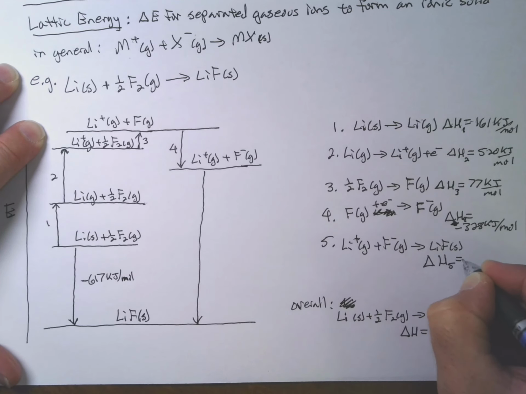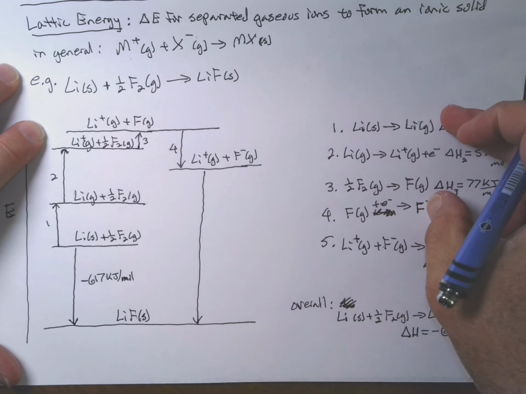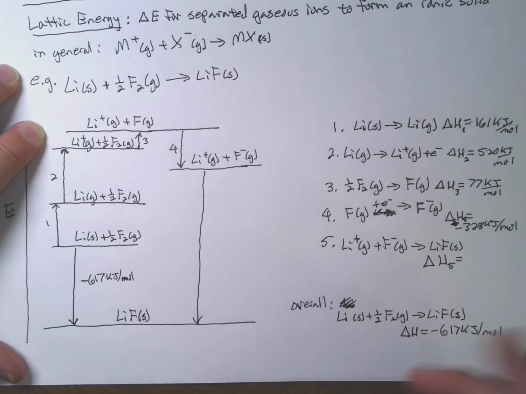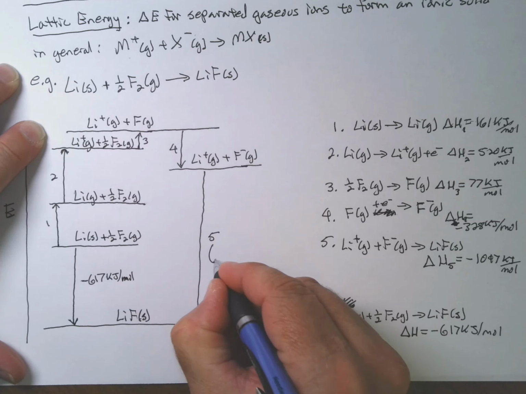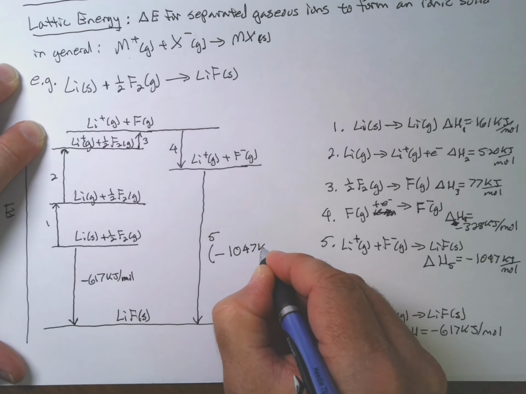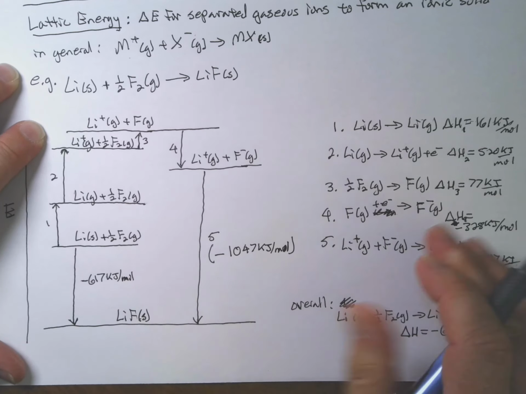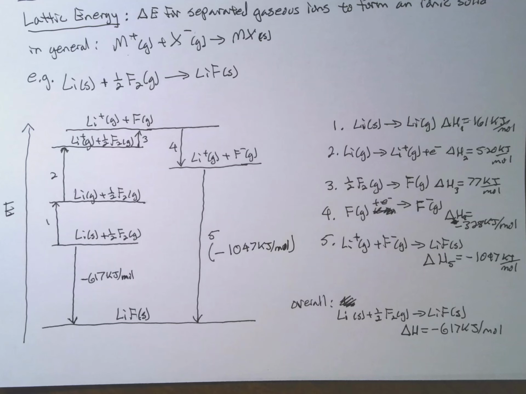Delta H5 equals, we could calculate this using Hess's law, using these four and our overall, and calculate what this one had to be. And what we get is minus 1,047 kilojoules per mole. So reaction 5 here has a delta H of minus 1,047 kilojoules per mole.